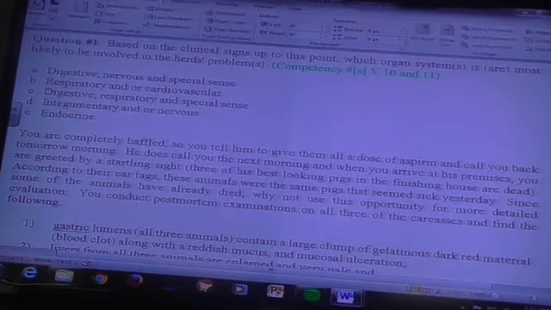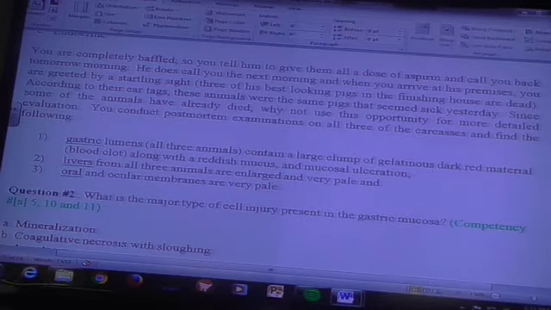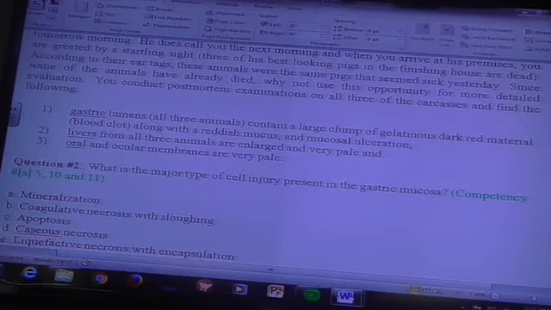Okay. So some of them did die, and when you did the postmortem, you found these results. And the question asks you, what is the lesion in the stomach? What kind of necrosis is in the gastric mucosa? What do you think?